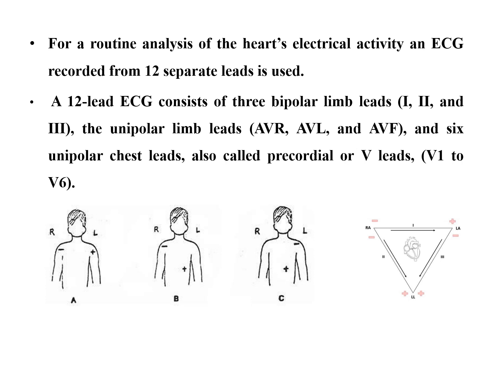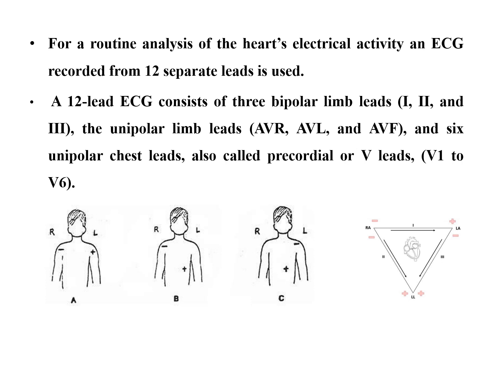In lead 3, the left arm is negative and the chest is positive. The last diagram is shown in the figure.